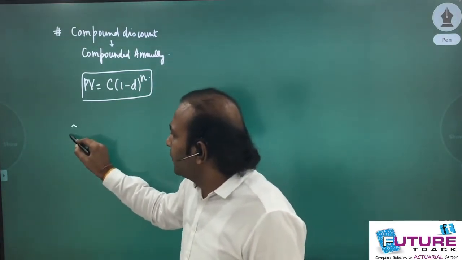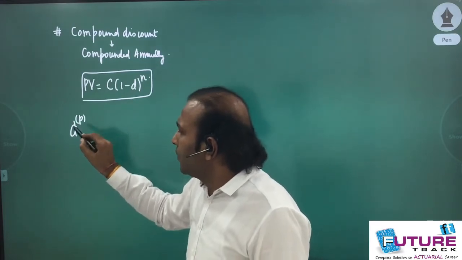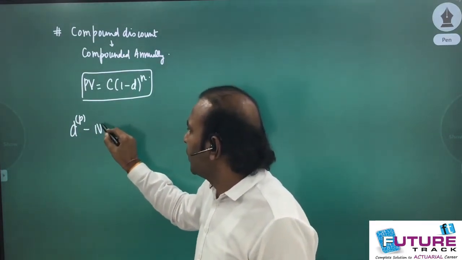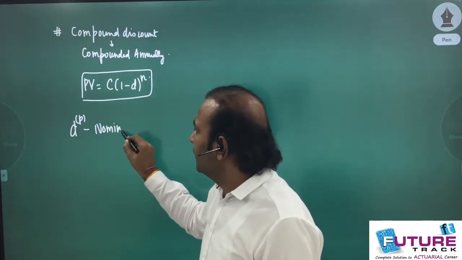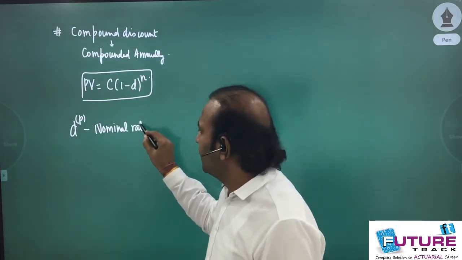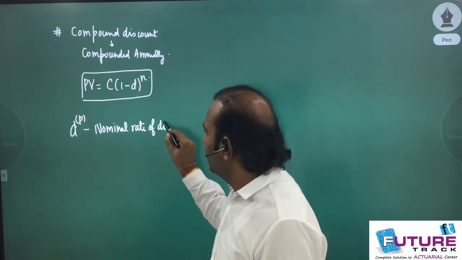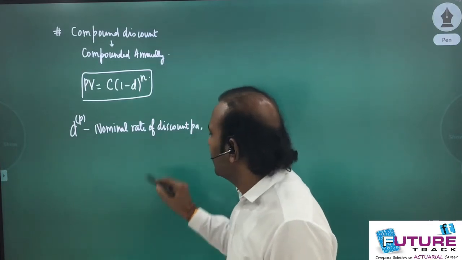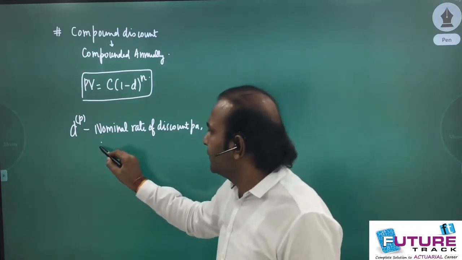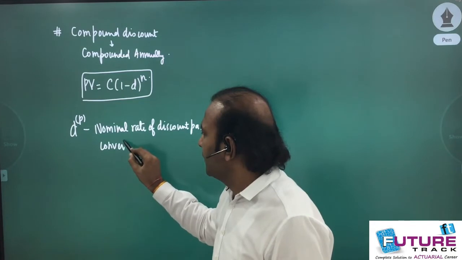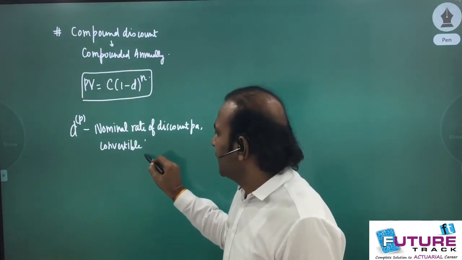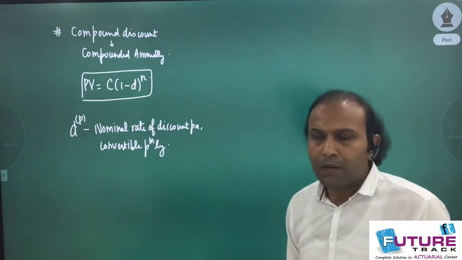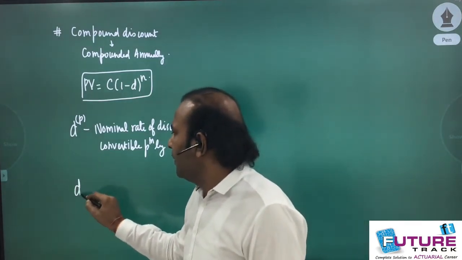Now we have nominal discount also, that is given by D^(p). So this is nominal rate of discount per annum convertible p thly, and D^(p)/p.